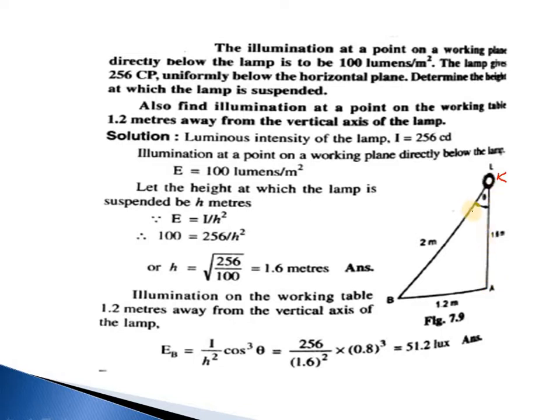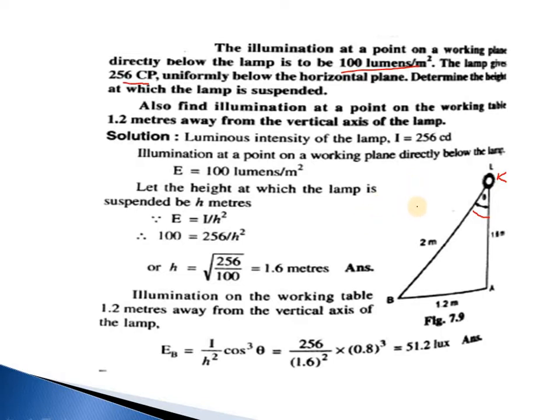And it is mentioned that the illumination on the working plane directly below the lamp is 100 lumens per meter square, and the lamp gives 256 candle power uniformly below the horizontal plane.